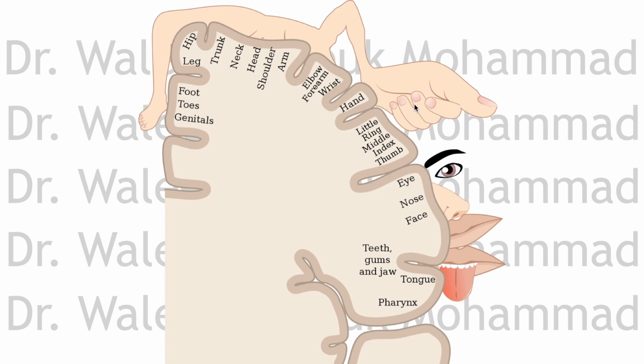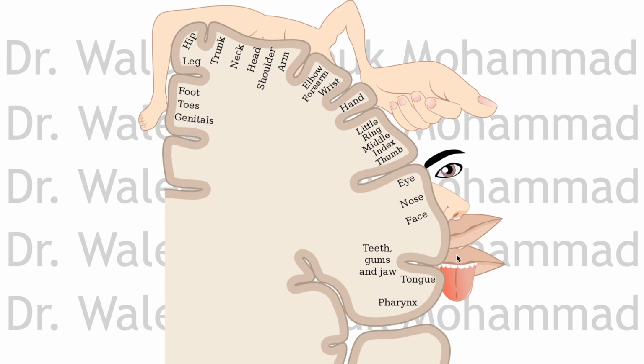Sizes of representation are not relevant to the size of the organ. In fact, the size represents the sensitivity or the amount supplied by the brain. You can see the hand here takes a very big area compared to the arm, for example.